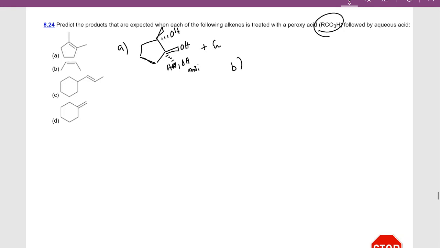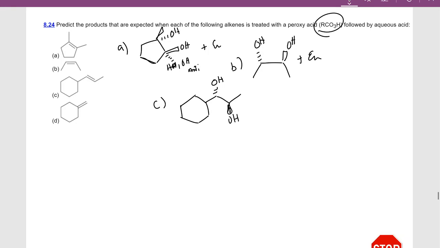So for B, we've got OH and OH, and that's plus enantiomer because that's not the meso form. And for C, we've got OH and OH, but if we rotate about this, it's still not meso though.